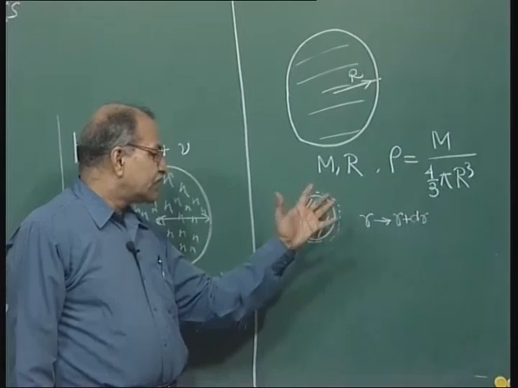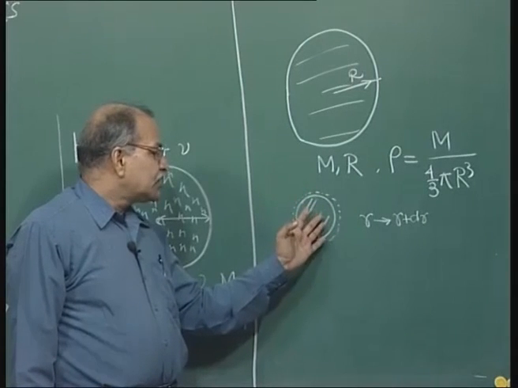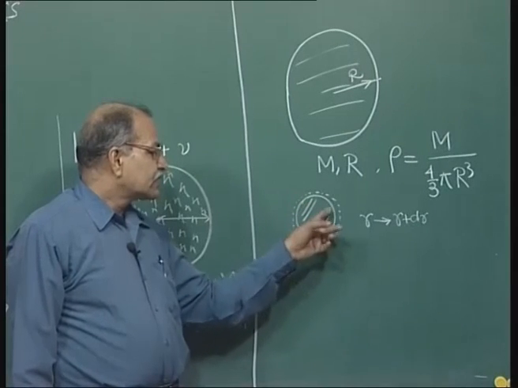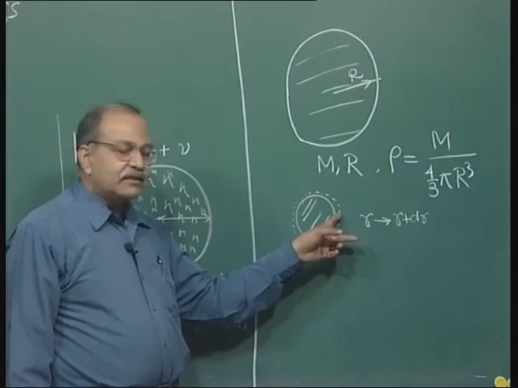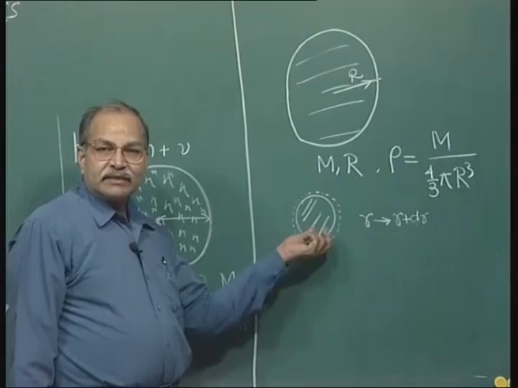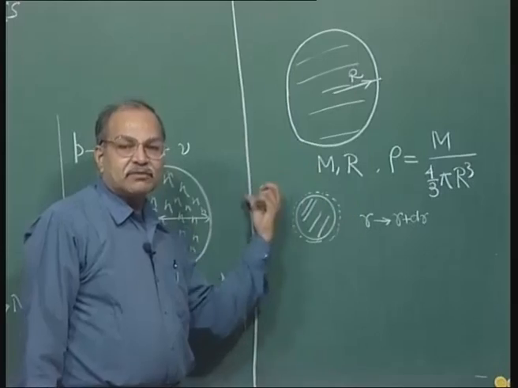Right. And so, that is easy to calculate. Calculate the potential of this sphere at the surface, and then multiply that potential by the mass that you are bringing, that is the potential energy of that particular layer.